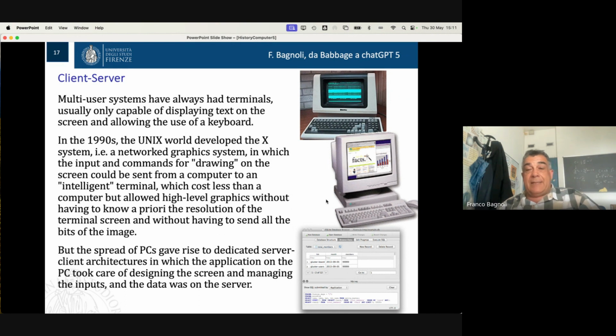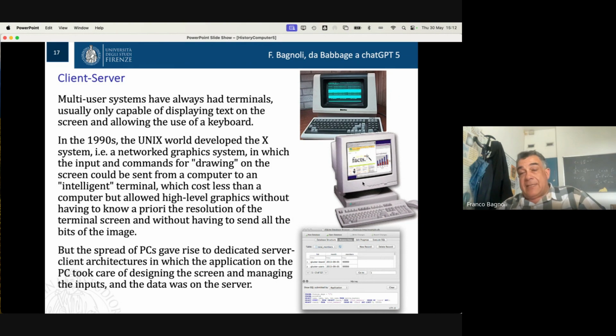But then a new concept arose, that is to develop an application in which the burden of drawing the graphic interface and maybe performing some task was done locally, in the PC, while the data are fetched from a server. So the server had only to be concerned with giving the right data, while all the heavy task of drawing the interface was done in the PC.